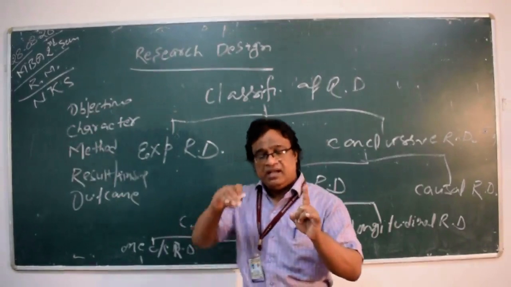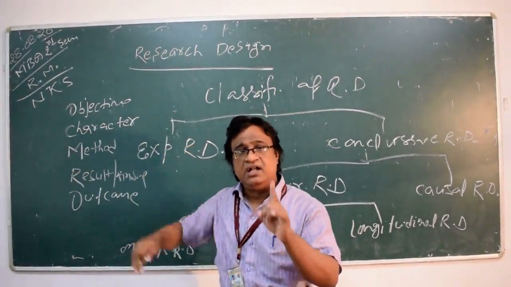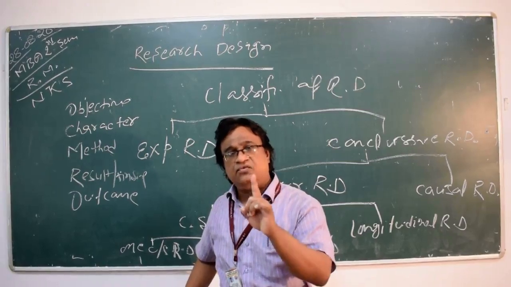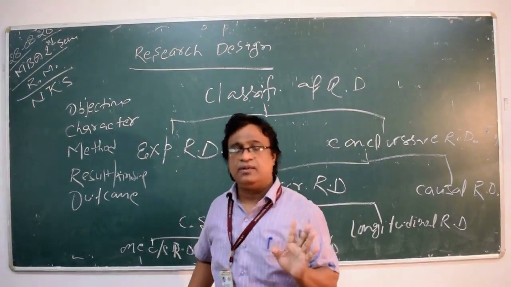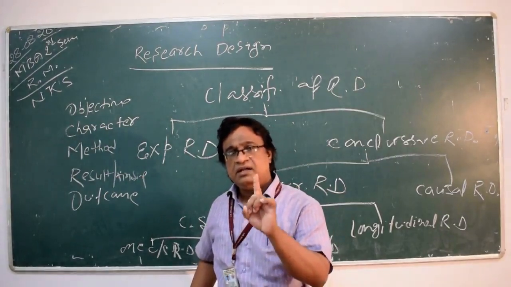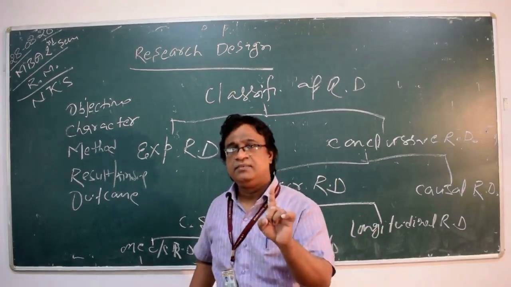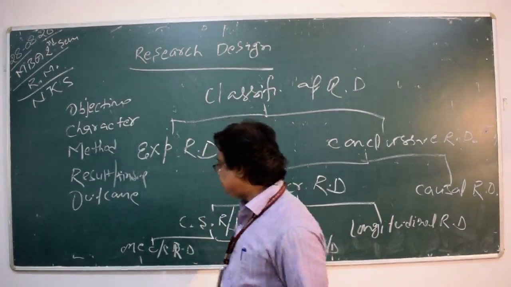Mind it, along the time in which the research is being conducted, we will collect the information only once. We will not be collecting information again and again. Only one time.